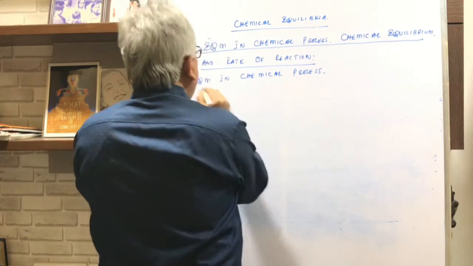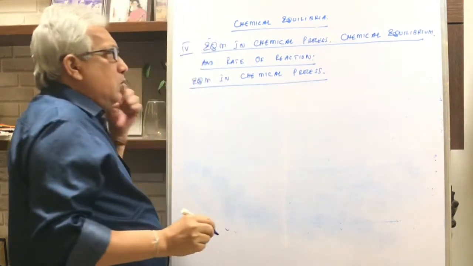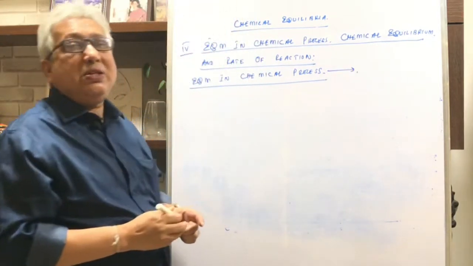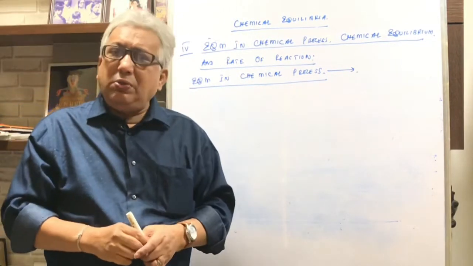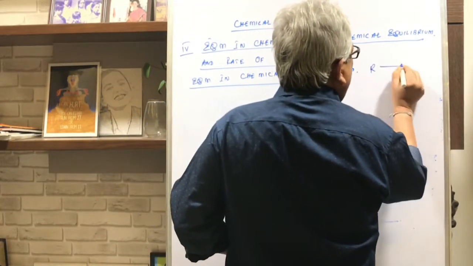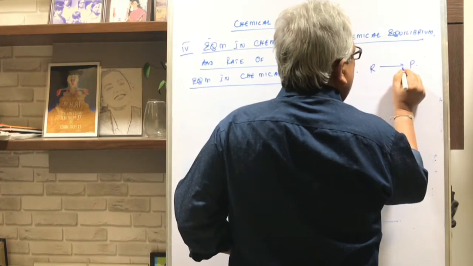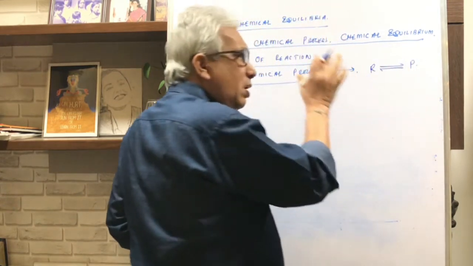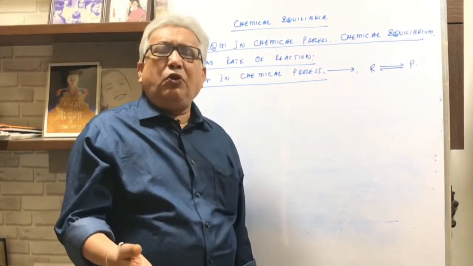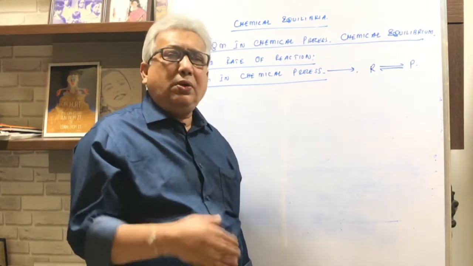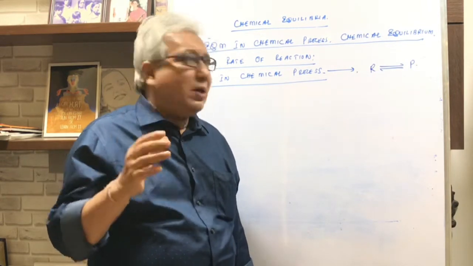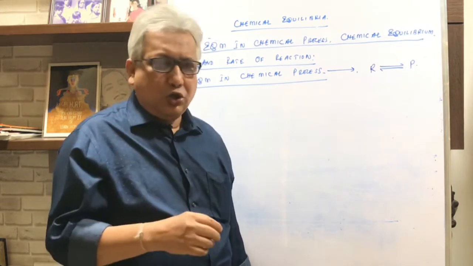When you talk about the equilibrium in chemical process, first and foremost we need to know what a reversible chemical reaction is. A reversible chemical reaction is one in which the reactants give us products and the products give us reactants simultaneously under suitable conditions.